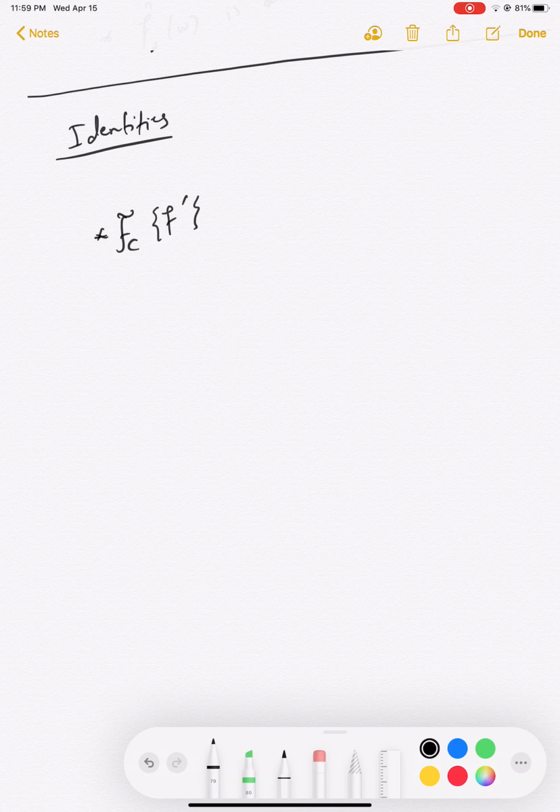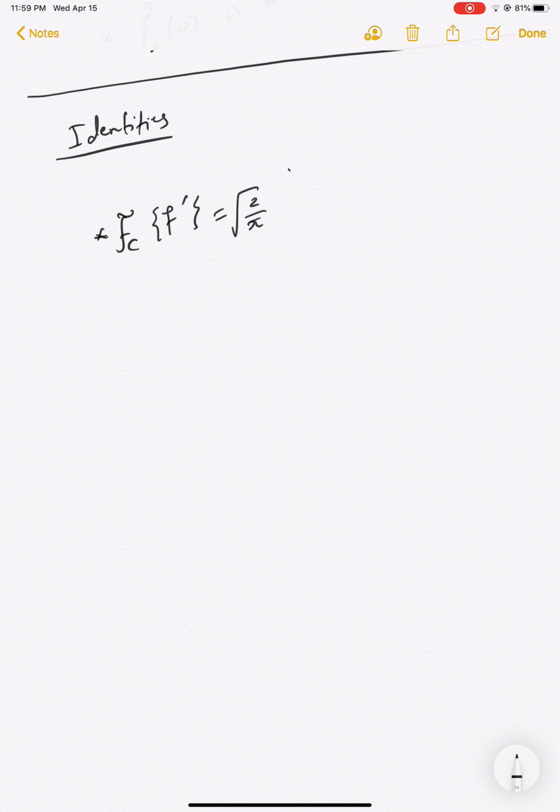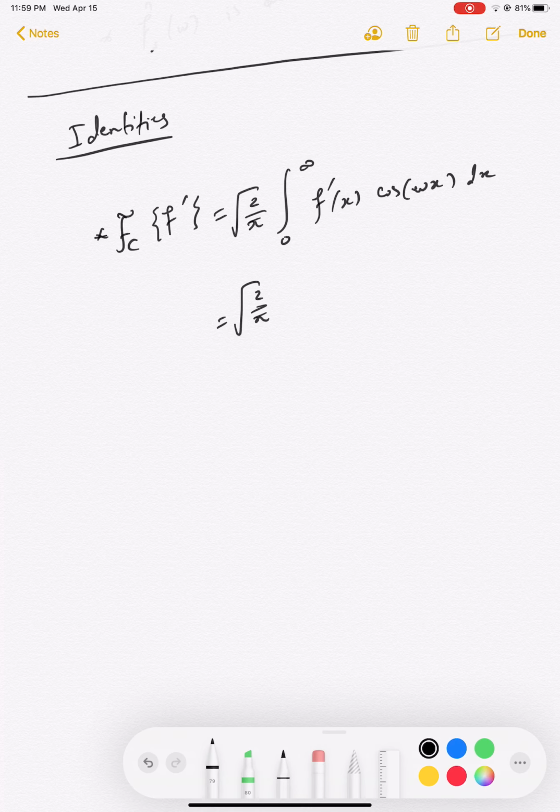So if you have the derivative of a function and you want to find the Fourier cosine transform, what is it? It's the integral, right? This is the definition, so we're not doing anything. So this is the root of 2 over pi. And what is this integral? Now the idea is that I want to relate this to the Fourier cosine or maybe the Fourier sine transform of the function.